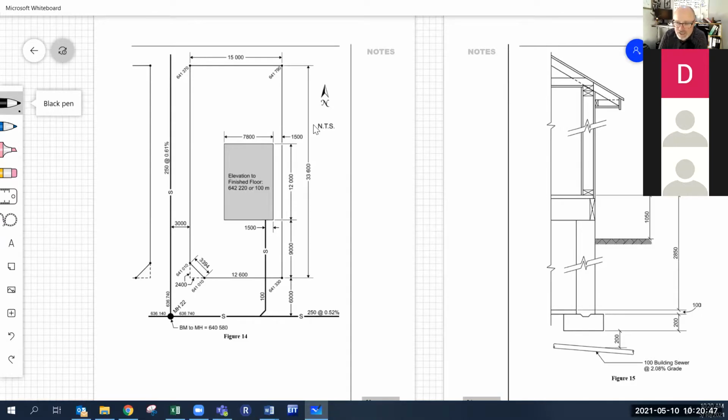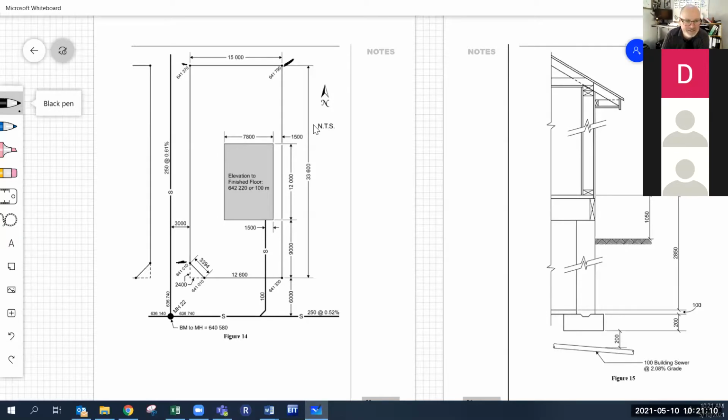Now, what is the difference in elevation along the east property line? The east property line is from here to there. Isn't that the west? Oh, that is the west.